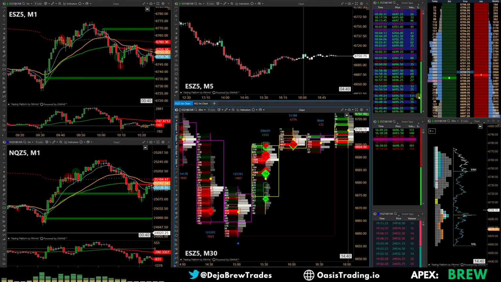So whenever I reference level 1, I am talking about the best possible bid and the best possible offer. You'll also hear me say our liquidity is good or our liquidity is bad. I'm typically referencing how many contracts are showing on that best possible bid or offer.